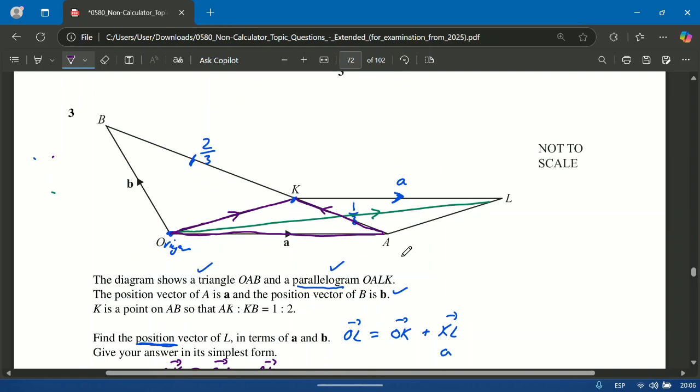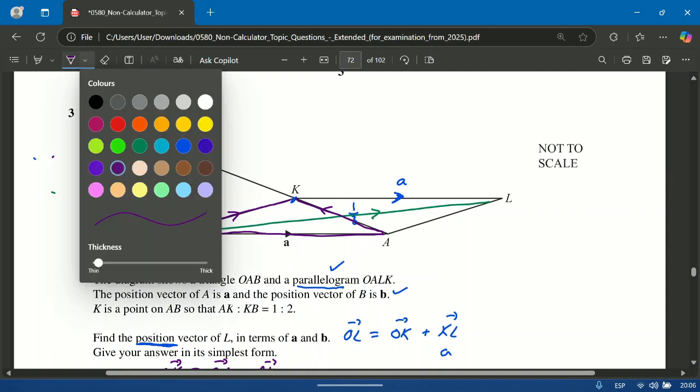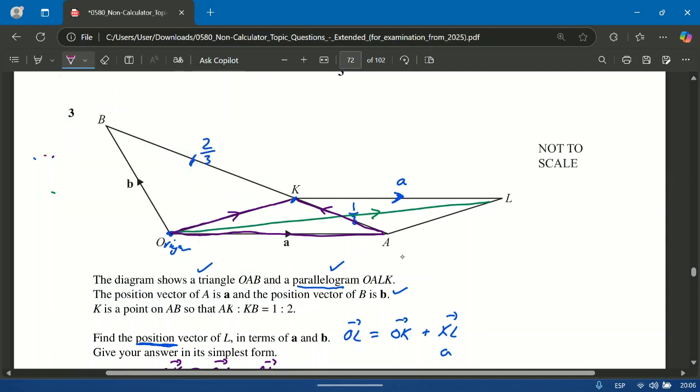So there we have another problem. But we can figure that out. We're going to find AK by first finding AB.